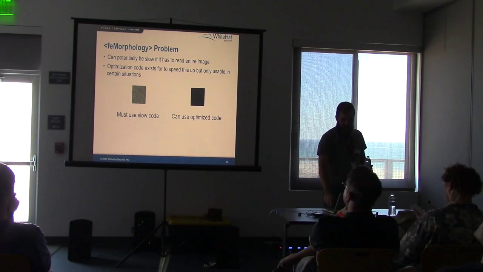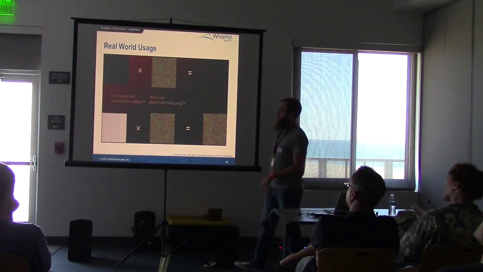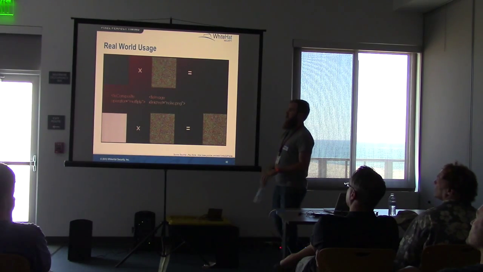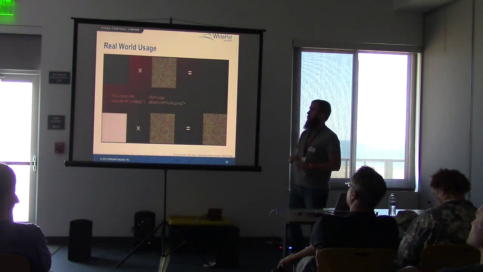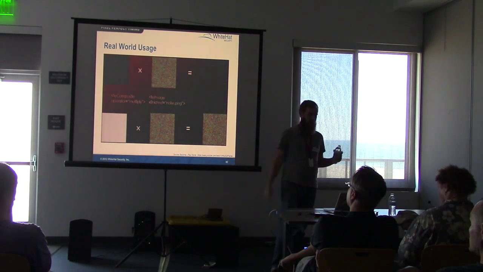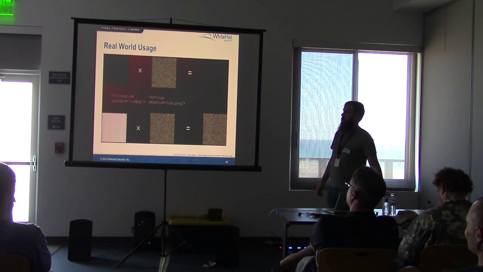So there's another thing besides FE morphology. There's this other weird graphic HTML land thing that I didn't know about called FE composite, and you can multiply two images together. Because who wouldn't want to multiply images together? I have no idea, right?